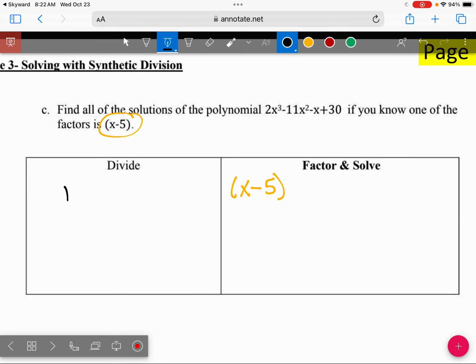Let's do our synthetic division. What number goes on the outside of the L? I saw you, thank you. Positive 5. And then what would be our 4 numbers? So Gabriel, what would be my 4 numbers?